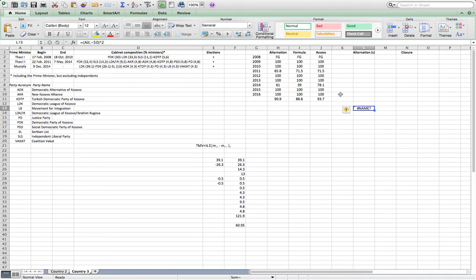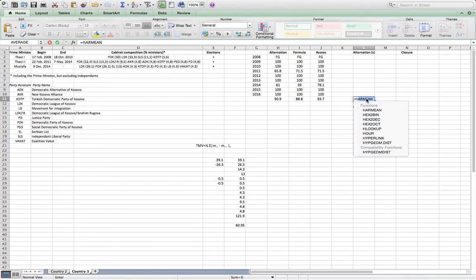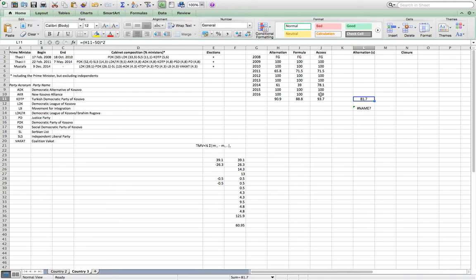Alternation minus 50 multiplied by 2. So it's basically H11, that is alternation, minus 50 multiplied by 2. Okay, so the standardized value of alternation is 81.7.